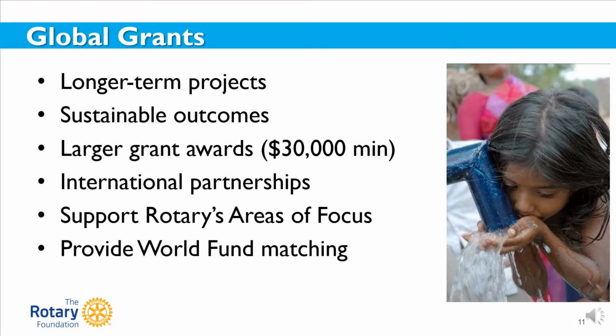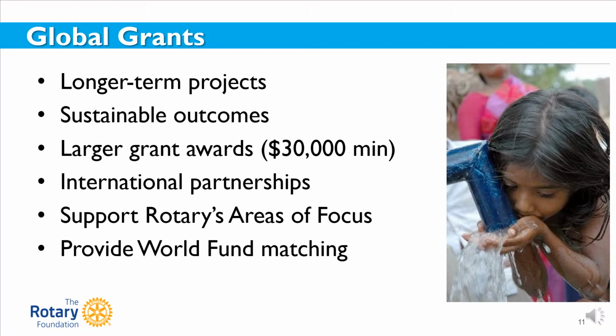Through global grants, Rotarians in different countries work together to address local community needs. These projects must be longer term, have sustainable outcomes, have a minimum value of $30,000 US, involve international partnerships, and must support one or more of Rotary's main areas of focus.